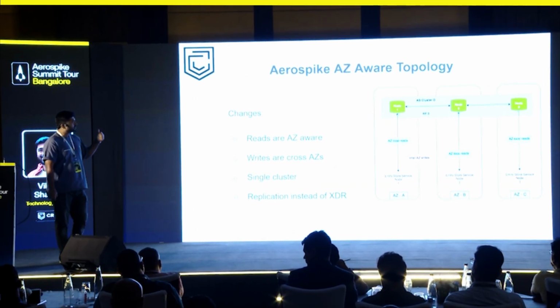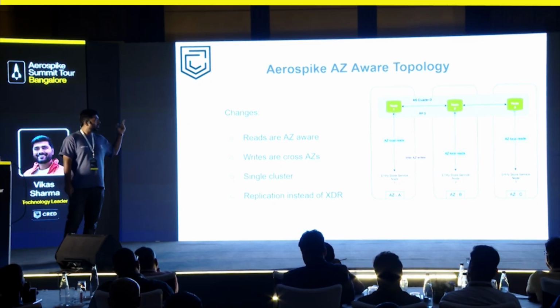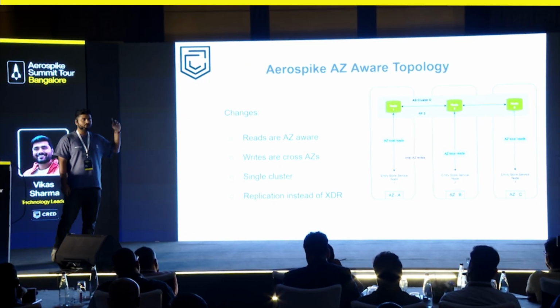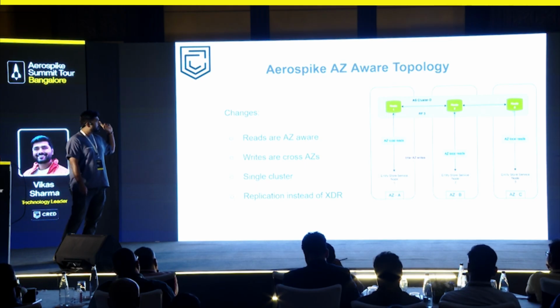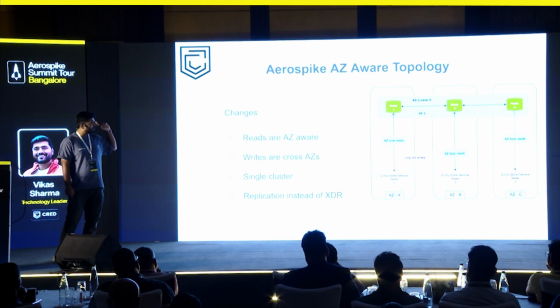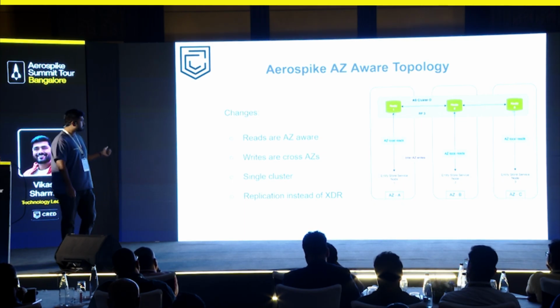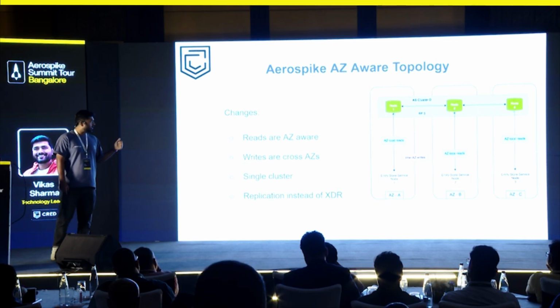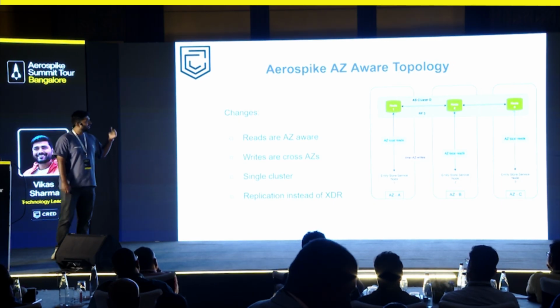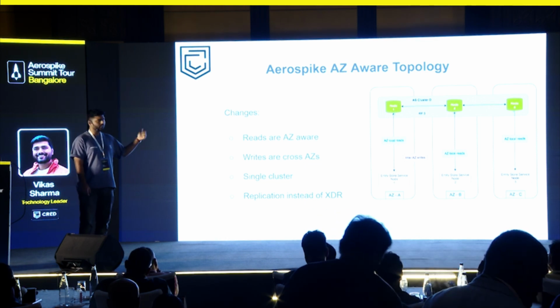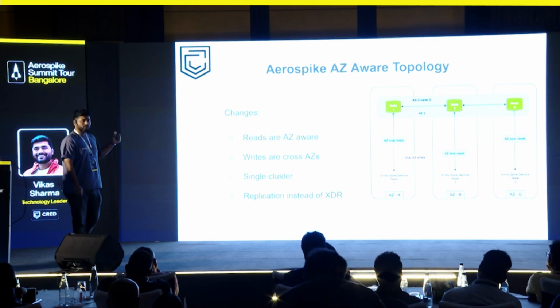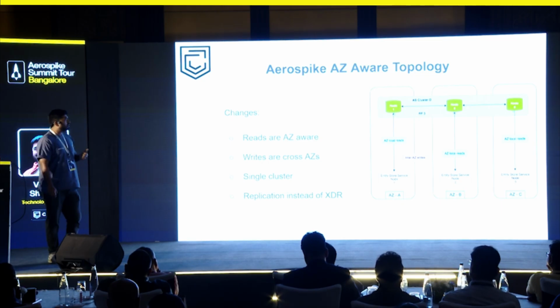So we did this: we created a single cluster with nodes spread across AZs. We chose Aerospike's cluster replication to do cross-AZ replication instead of XDRs. And it basically gave us AZ-local reads, which is 10x of writes, and writes are still cross-AZ, which, again, we are good to have that cost on our platform.